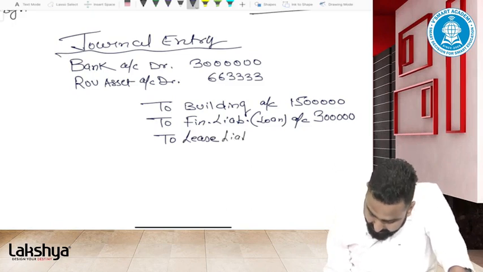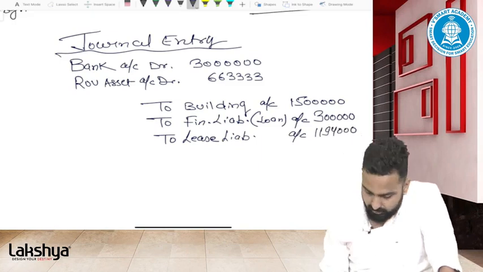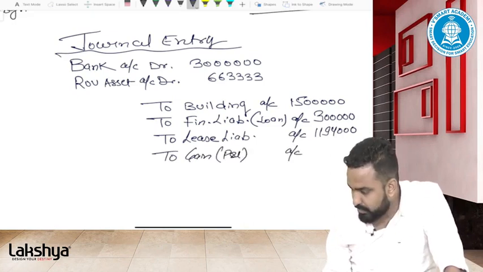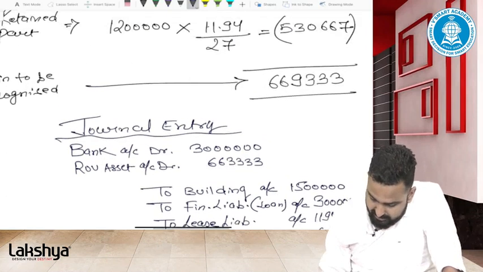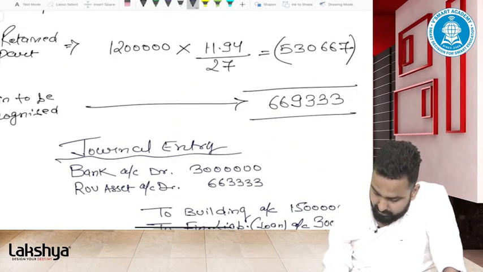To lease liability 1194, and to gain that is charged to P&L 669, 333.